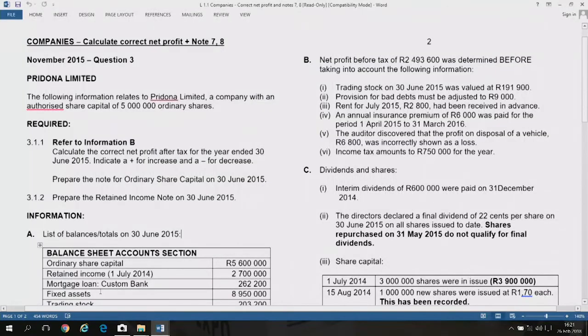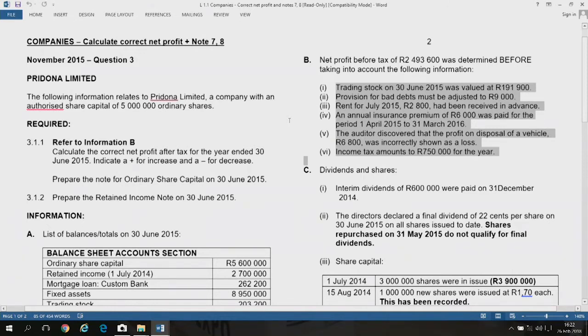If you go back there, you will see they say indicate a plus for the increase and a minus for the decrease. And then you will see in information number B, the net profit before tax of 2,493,600 was determined before taking into account the following information. It means that all this information must still be taken into account to calculate the correct net profit.